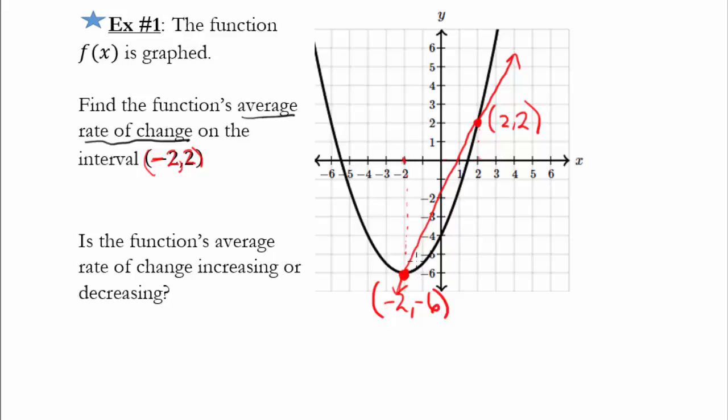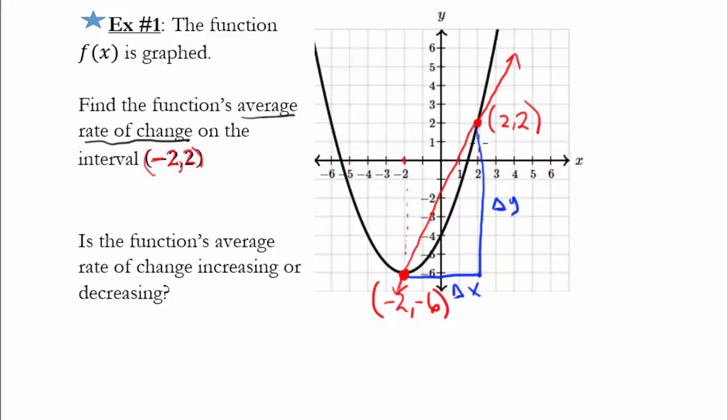You're at -2, you close your eyes, you open your eyes, you're at (2, 2). On average, what happened over this interval? Again, this is nothing more than slope. This is saying what is our delta y over our delta x. So we could write it that way. Later on, we'll do an example with a little more of the formal notation.